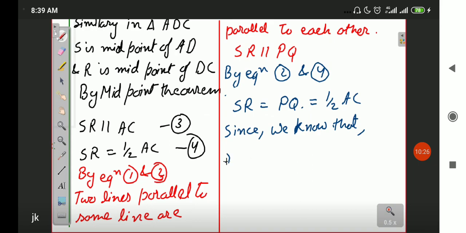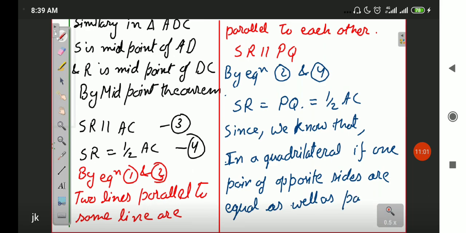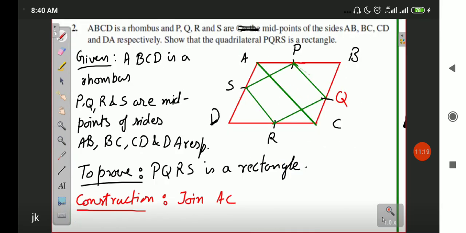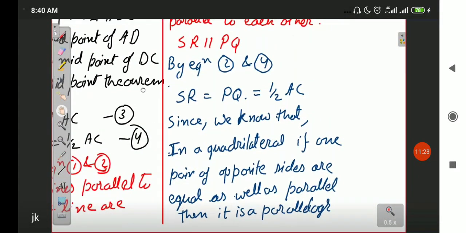If in a quadrilateral one pair of opposite sides are equal as well as parallel, then it is a parallelogram.